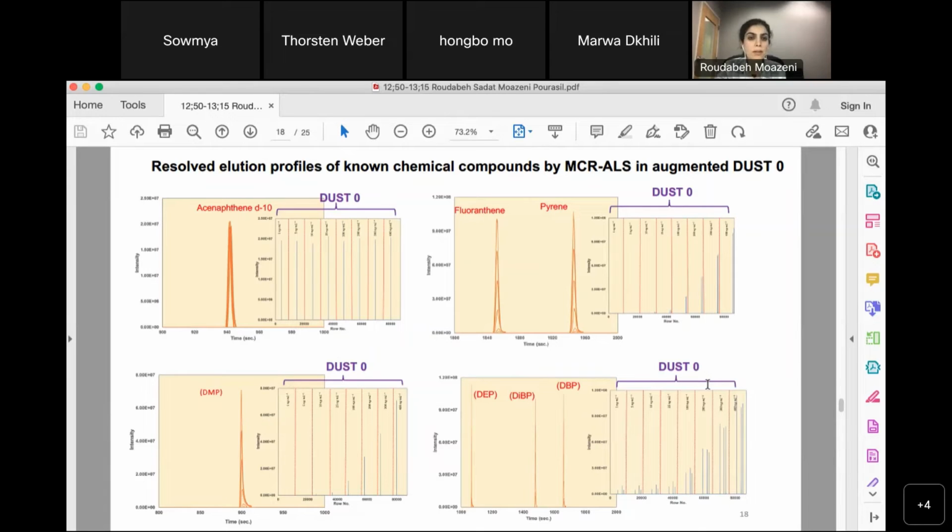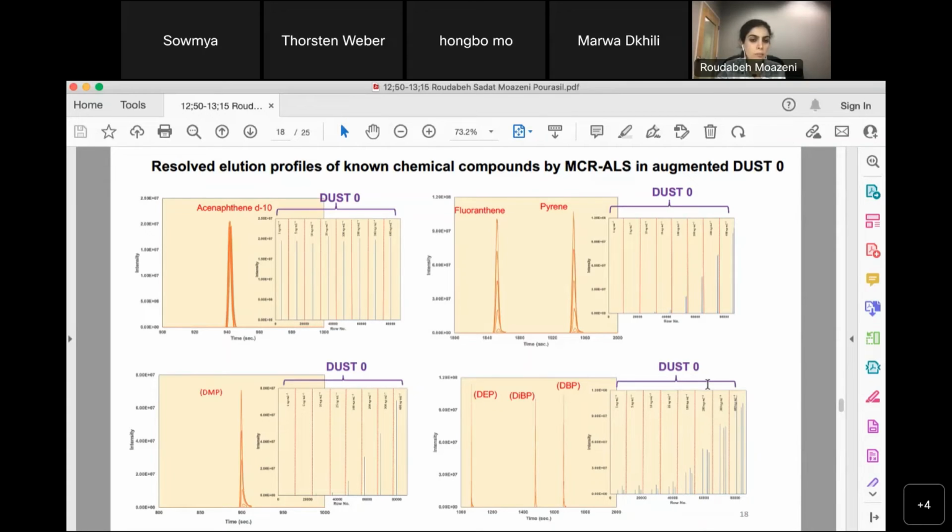As you see, the resolved peaks for the internal standard have more or less the same peak height, and all of them overlaid. It shows the robustness of ROI MCR as well as repeatability for GC high resolution mass spectroscopy analysis.